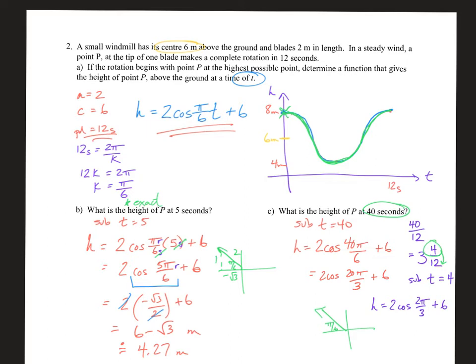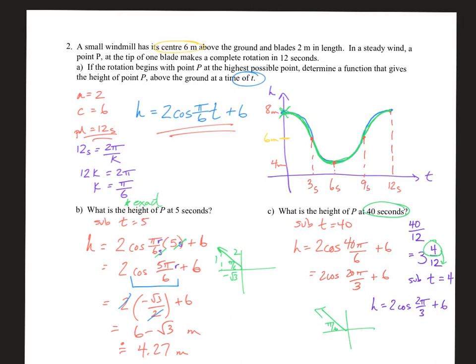Okay, the next part. Let's talk about how we're going to estimate it. That I would hope as well, since we can see that that full rotation takes 12 seconds, and we know that our trig curves can be broken up into quarters, that we would then know that half of our rotation would take 6 seconds, and every quarter of our rotation would take 3 seconds.